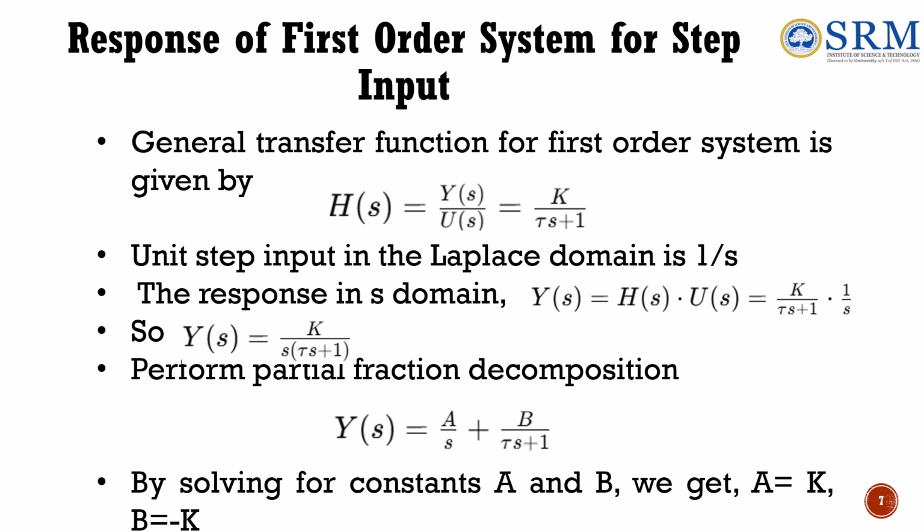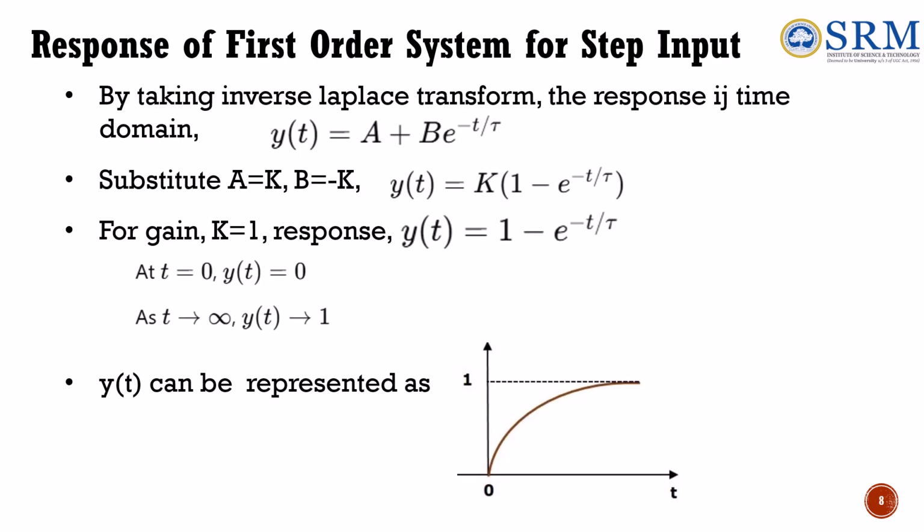Now, to find the time domain response, perform the partial fraction decomposition. So Y(s) can be written as A by s plus B by (tau s plus 1). By solving for constants A and B, we get A equal to K and B equal to minus K.